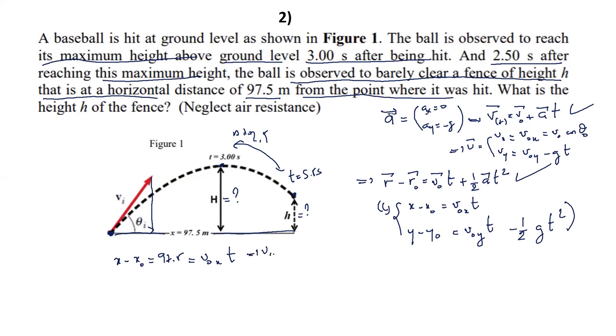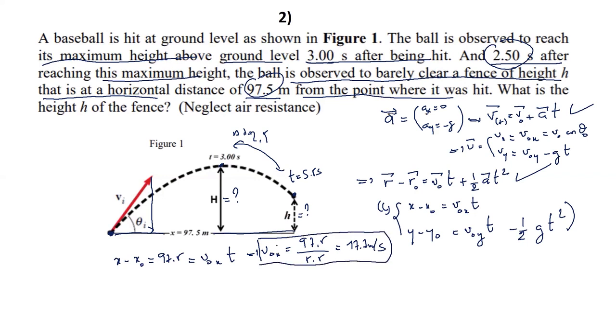So that means V naught x is just 97.5 divided by 5.5. And this will give me what? 17.7 meters per second. I write everything in three significant figures, as you notice in the problem. I will not really need this, so I will keep it for as a question, okay?